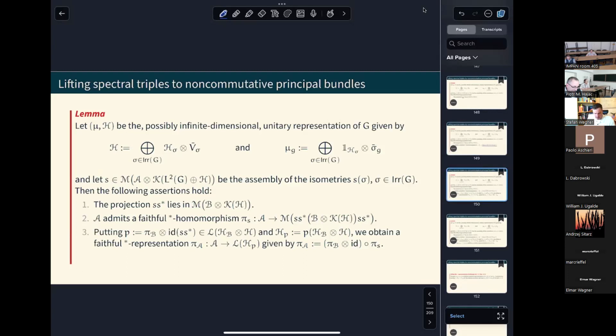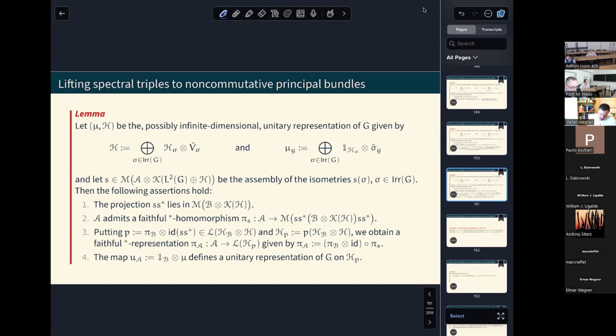And then, putting P, I just apply the representation tensor identity. Then I get a projection in the operators on HB and H. And then I get a Hilbert space by projecting down the tensor product HB and H with respect to P. And then we get a faithful star representation in this way of A on the Hilbert space HP. And I have a unitary representation of G on HP.